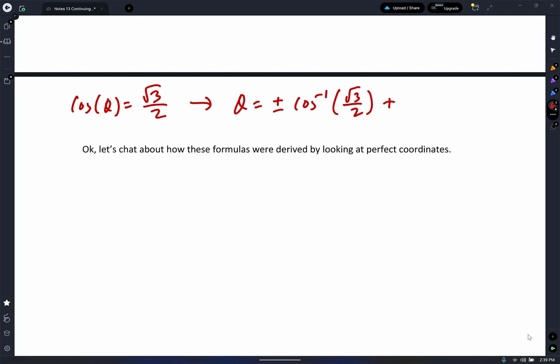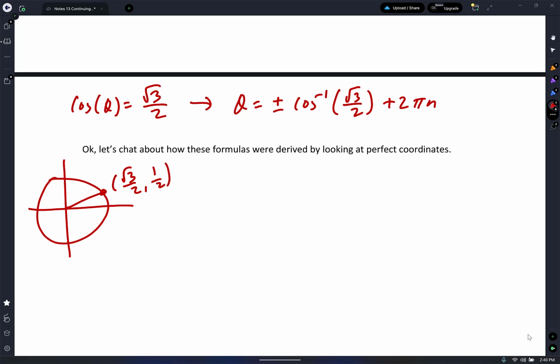I put a plus minus in the front because cosine is positive in quadrant 1 and in quadrant 4. And this is true. Notice that at this coordinate, I have a square root of 3 over 2, comma half. And notice that at this coordinate, which is symmetric to the x-axis, I have another square root of 3 over 2, comma negative half.